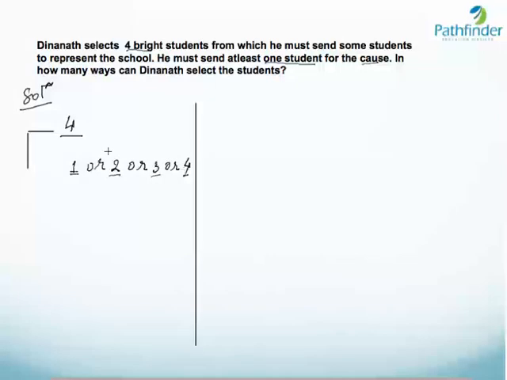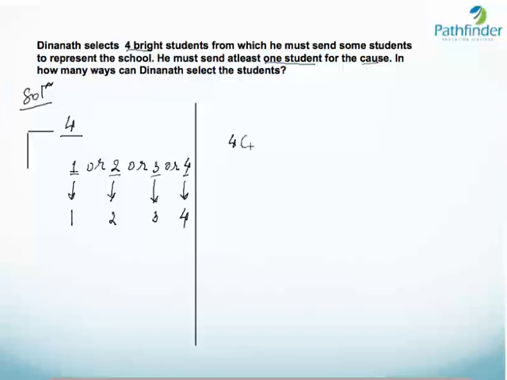If he selects only 2 students, then the other 3 cases cannot exist, and therefore these 4 cases are mutually exclusive. So you have case 1 where only 1 selection is made, case 2 when only 2 selections are made, case 3 in which 3 selections are made, and case 4 in which 4 selections are made.